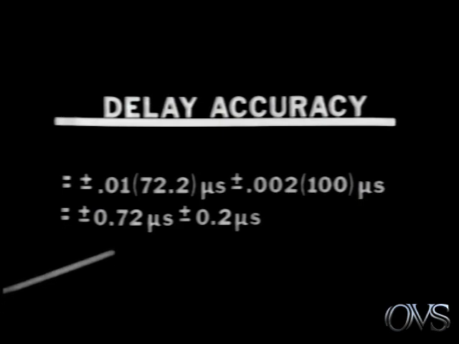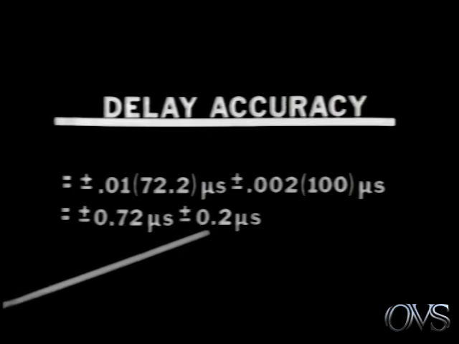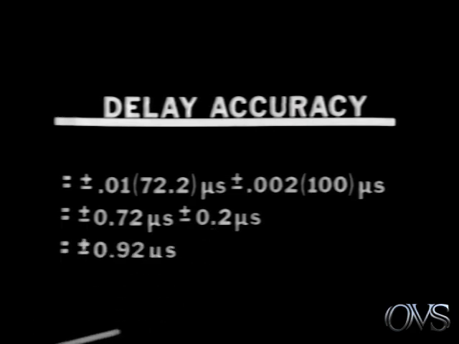And this converts to an error of plus or minus 0.72 microseconds. This is the error due to the sweep. Plus or minus an additional 0.2 microseconds due to the delay control, or a total inaccuracy of plus or minus 0.92 microseconds. This is approximately 2.5 times better than the accuracy we had using a single time base and measuring the time interval with the graticule on the CRT.